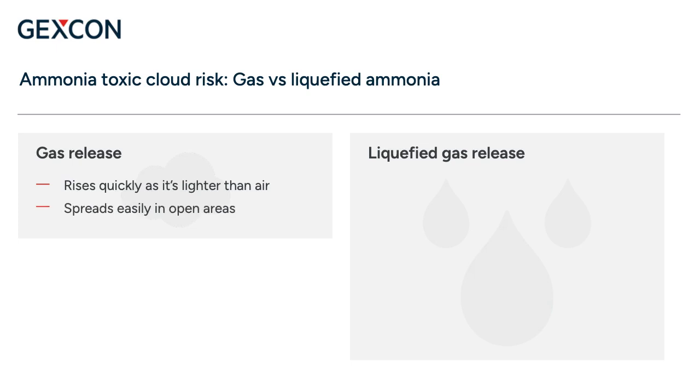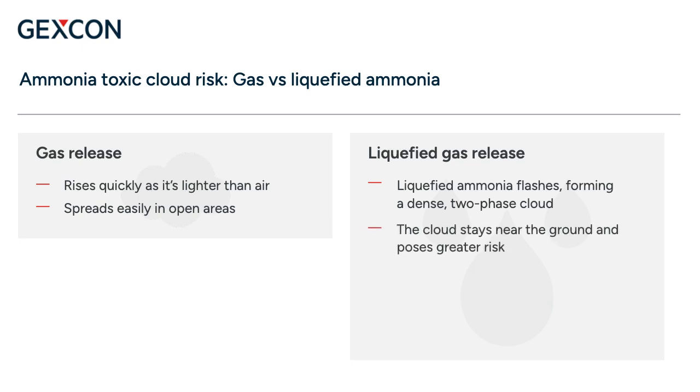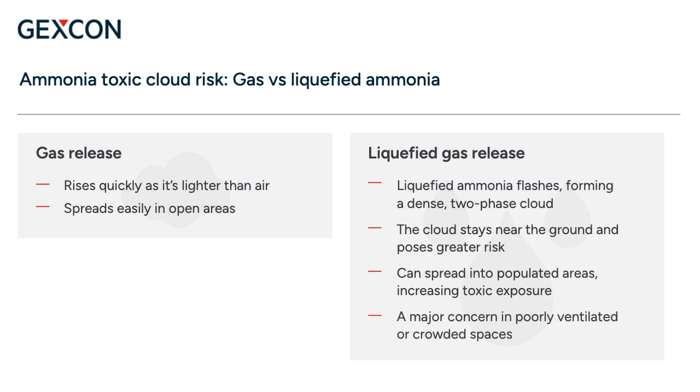This helps it spread quickly in open areas. But when liquefied ammonia is released, it flashes, creating a dense two-phased cloud that stays close to the ground, creating a much greater risk. It can easily move into populated areas, putting people at a risk of toxic exposure. This is especially a scenario of concern in places with poor ventilation or high population density.